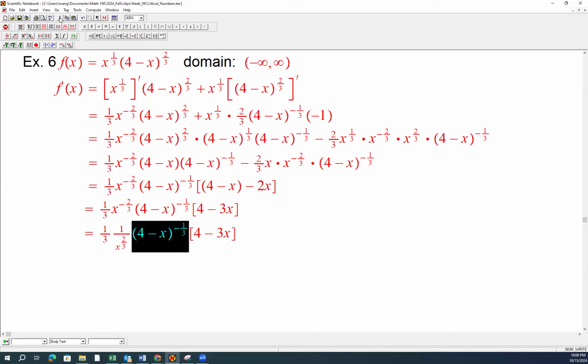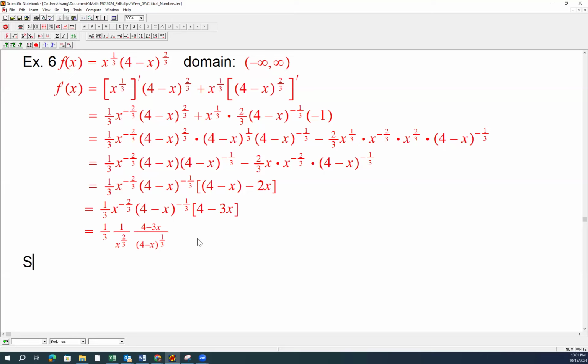And this piece is going to be 1 over 4 minus x raised to the power of a positive 1/3. You see? We got denominators, and denominators cannot be 0. So if you'd like to organize this a little better, you can do it this way. I would just leave it like that. It really doesn't bother anything.